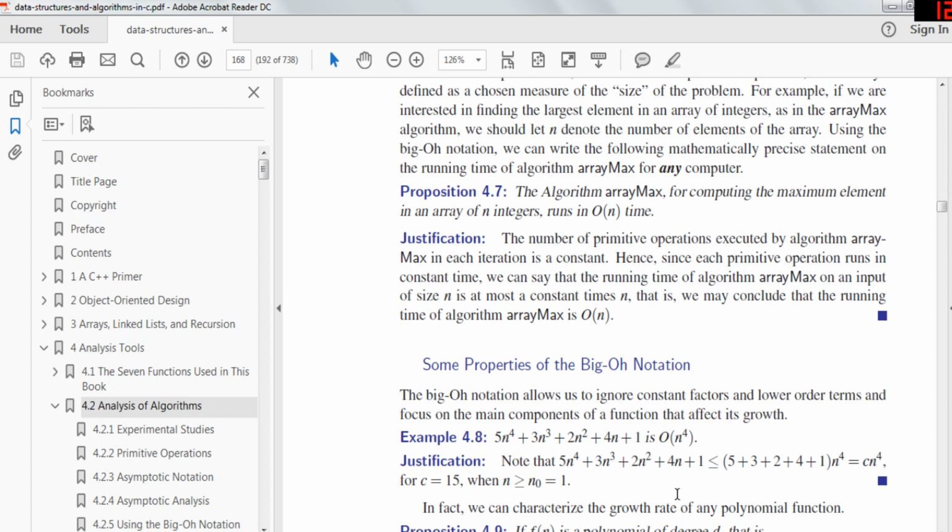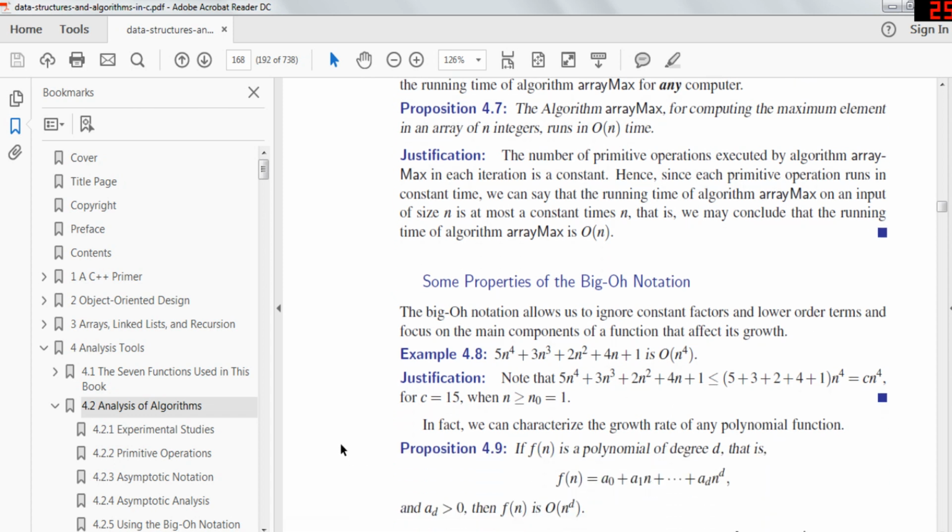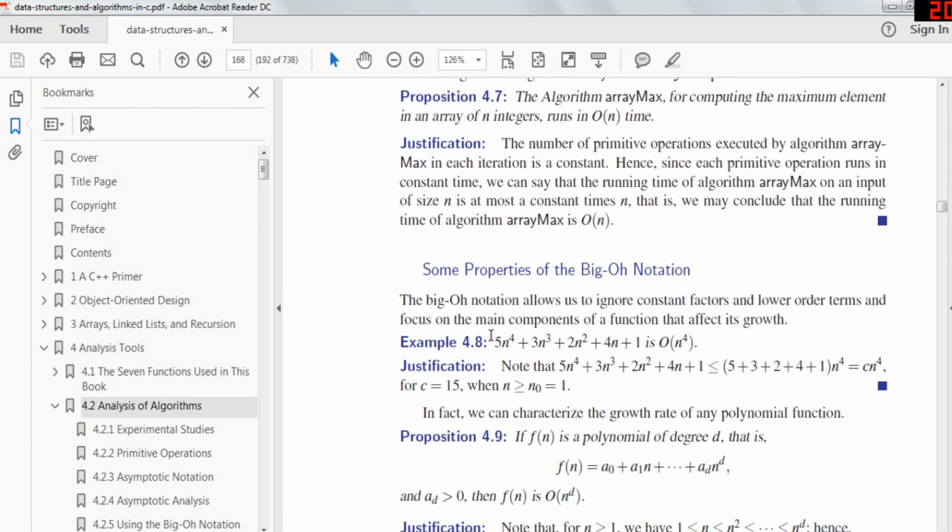Alright, so some properties of big O notation. Big O notation allows us to ignore constant factors and lower order terms and focus on the main components of a function that affect its growth. Given this function, 5n to the 4th plus 3n to the 3rd plus 2n to the 2nd plus 4n plus 1 is O of n to the 4th. When we say big O notation, this represents the worst case scenario, okay? So we ignore all the other ones.